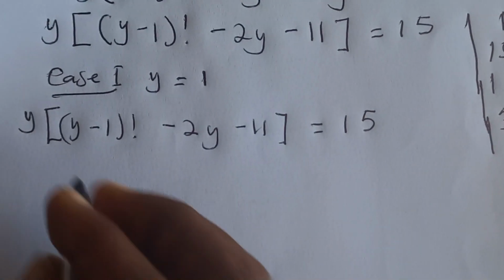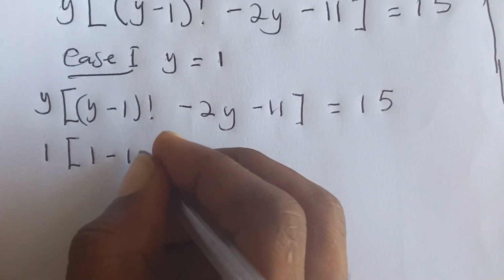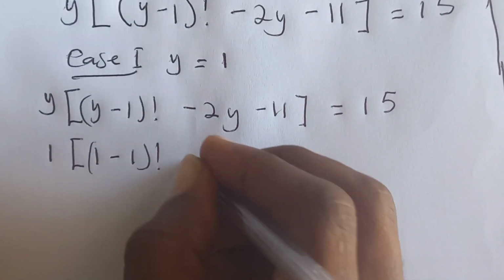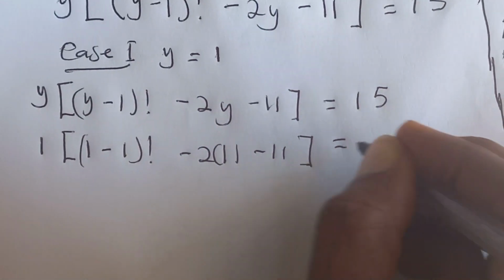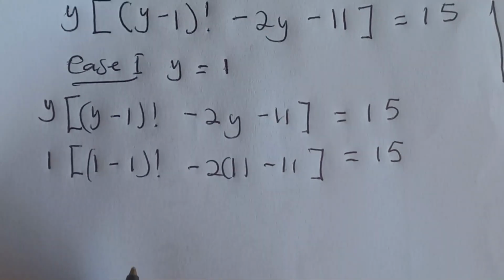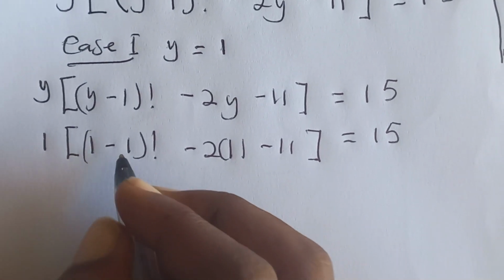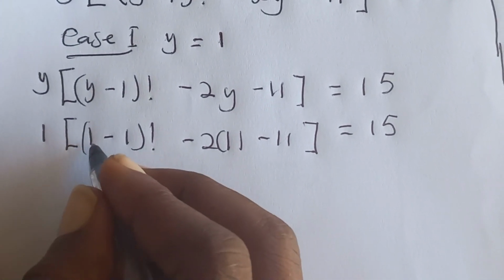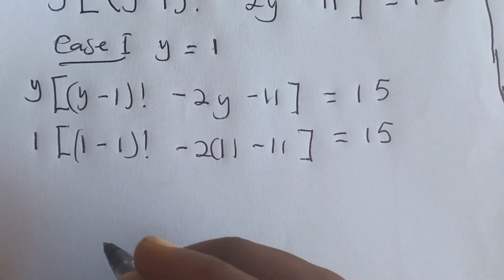Now 1 times (1 minus 1) factorial minus 2 multiplied by 1 minus 11 should be equal to 15. 1 minus 1 is 0, and 0 factorial is 1.